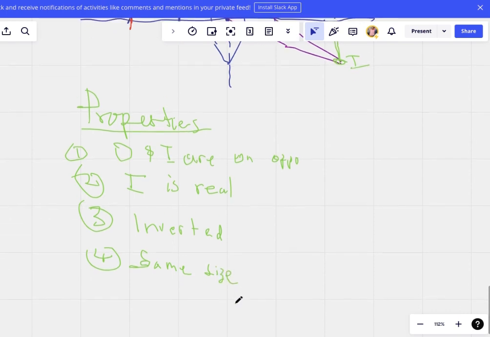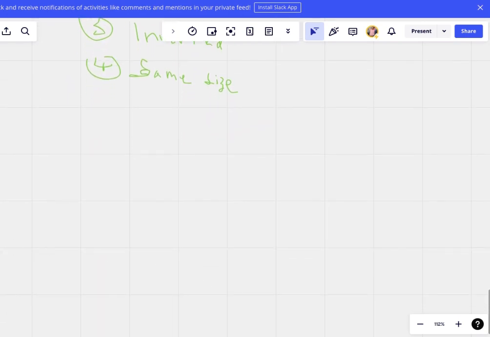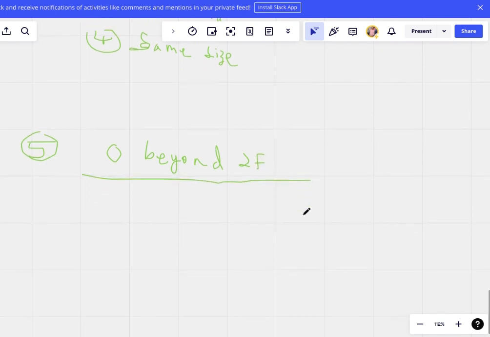The last one for this lens is, what if we put the object beyond 2F? Say number 5. What if we put the object beyond 2F? If the object is so far away and is beyond 2F, what will happen?